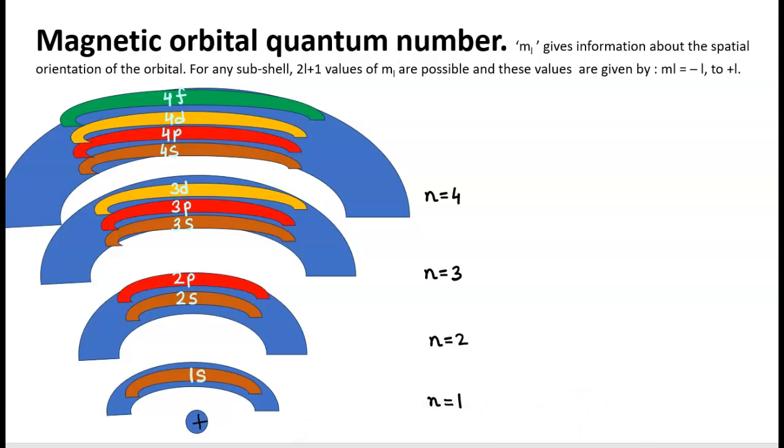I can explain through an example. Let us suppose that a person is talking about an electron which is present in the n is equal to 2 energy level. That means the second energy level. You are given the principal quantum number which is 2. This shows that the electron is present in the second energy level. And then you are given an azimuthal quantum number which is 1.